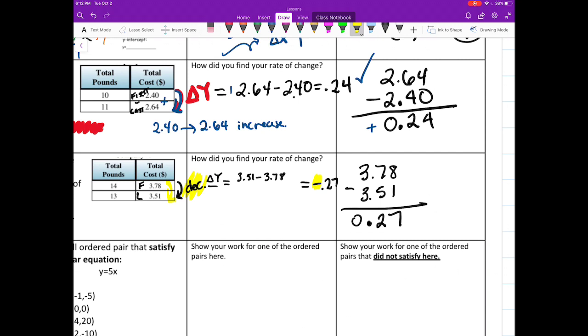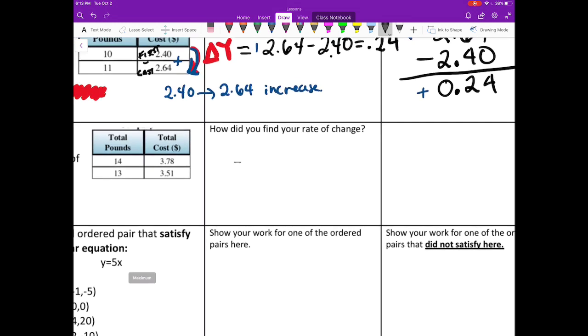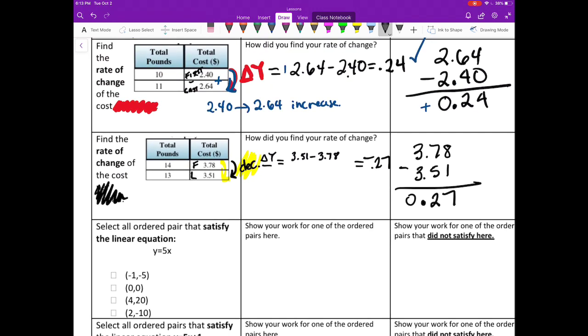Is that an increase or a decrease? Because if you just put 0.27, you're telling me that you're increasing 27 cents every pound. That's wrong. You're paying less. How much less? 27 cents per pound. So be careful with that decrease. Have caution there.